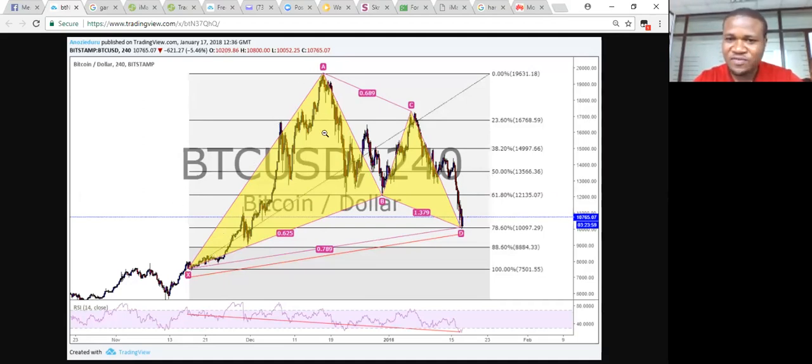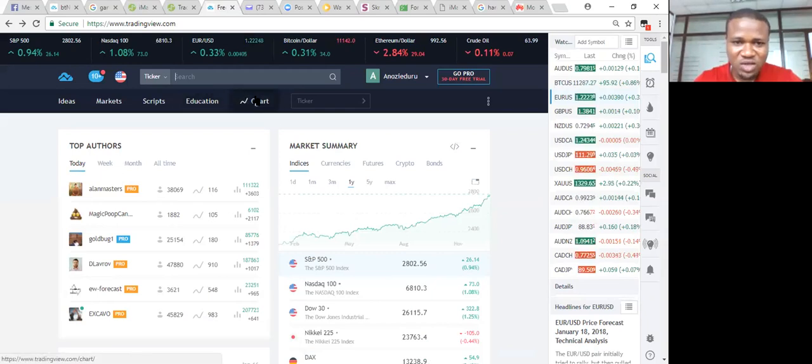But before doing that, this nice little Gartley pattern on the daily and 4-hour time frame. As at this morning, when I opened it up to look at it, it has actually gone very far.